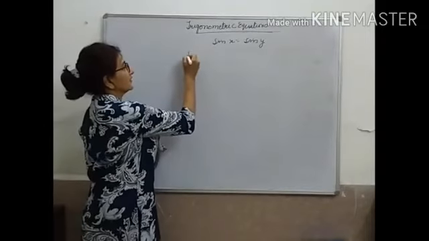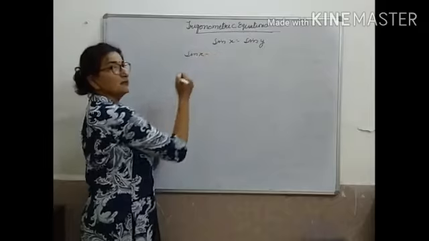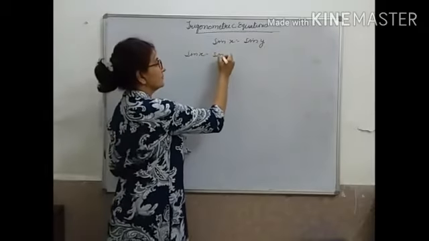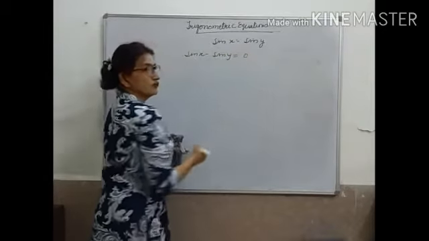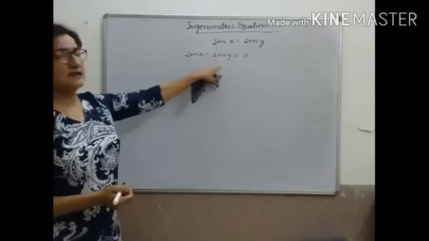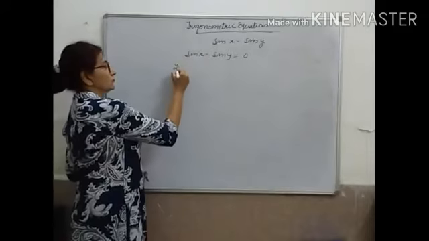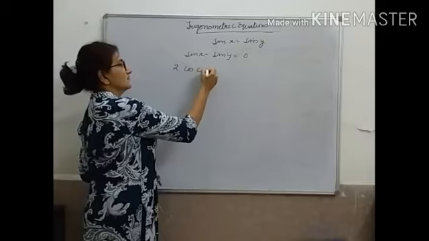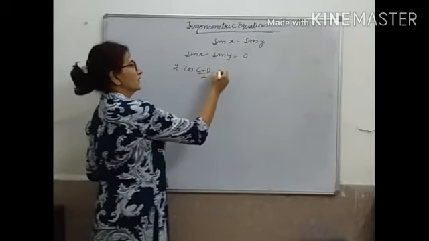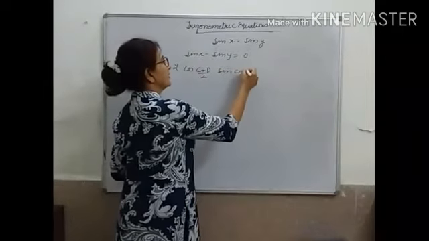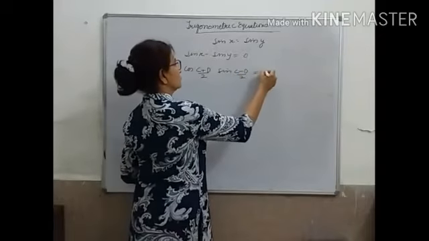So for the general solution, sin x minus sin y is equal to 0. Now apply sin C minus sin D: 2 cos (C plus D) by 2 sin (C minus D) by 2 is equal to 0.